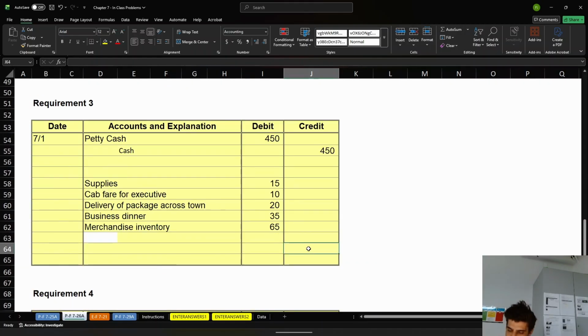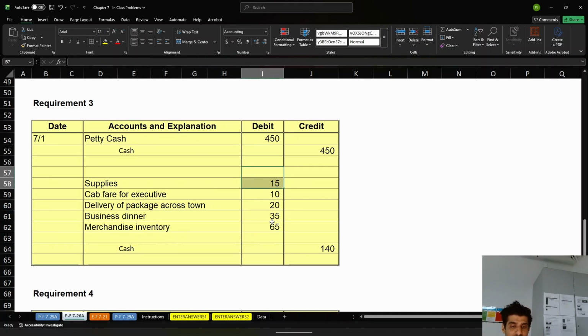So I know that my bank account cash is going to get credited. I'm going to reduce the amount in my bank by $140 because I need to bring that physical cash to replenish this back up to 450. So now my petty cash account balance is back up to 450.